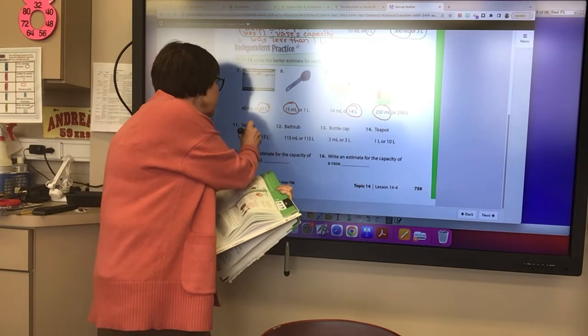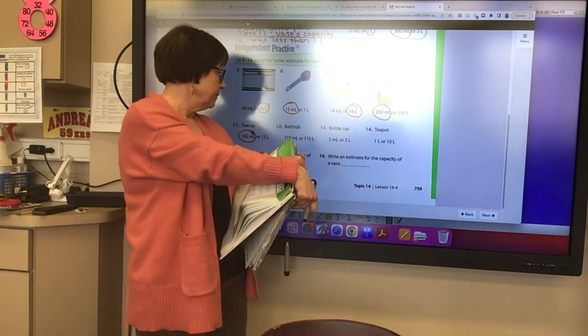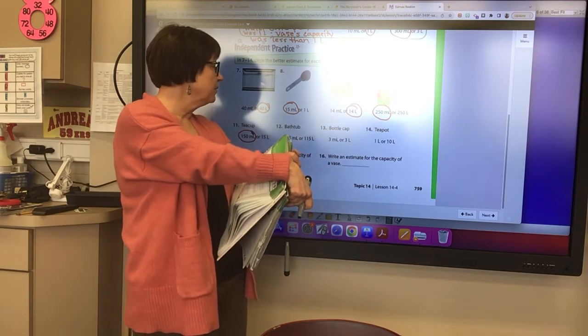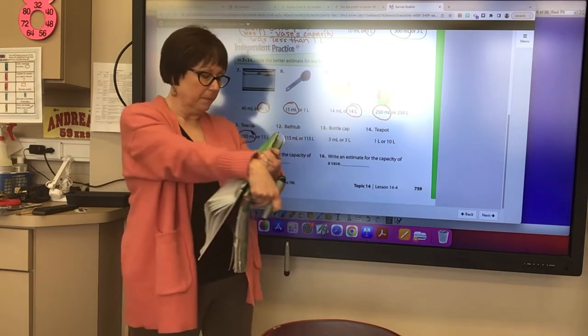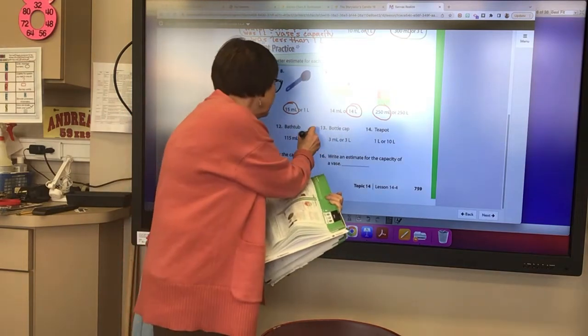Yes, 150 milliliters. How about a bathtub? 115 milliliters or 115 liters? A bathtub, 115 liters.